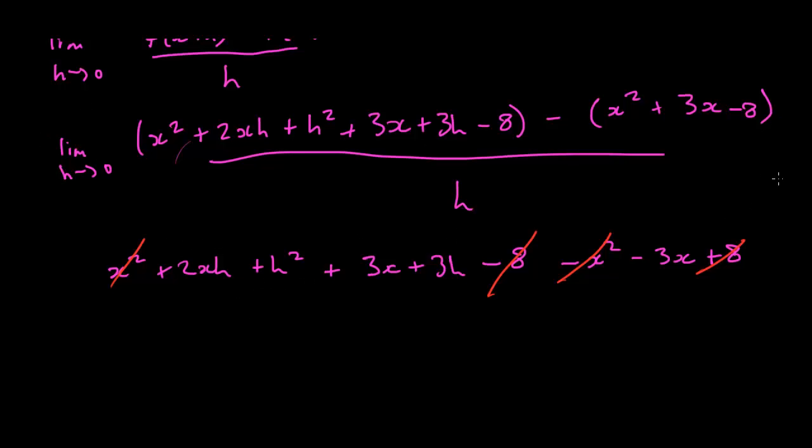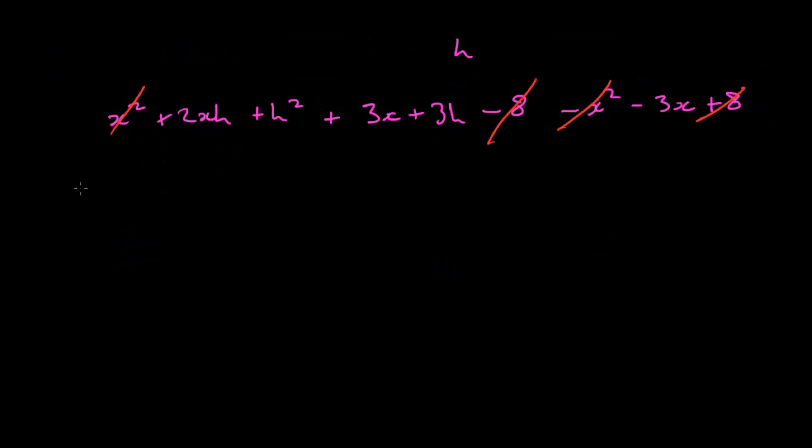So now let's just put it in. We've got limit h to the 0, and we have 2xh plus h squared plus 3, and wait, my bad, the 3x actually cancels out here as well. Sorry about that. Plus 3h, yeah, 3h.